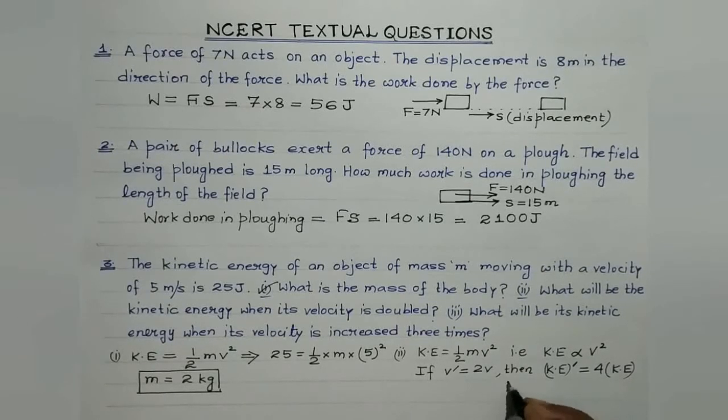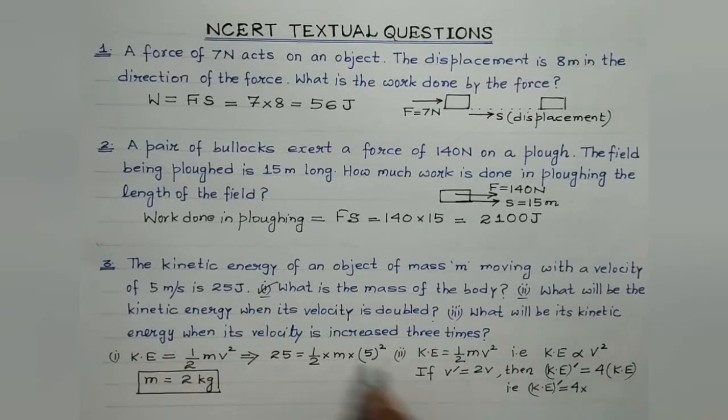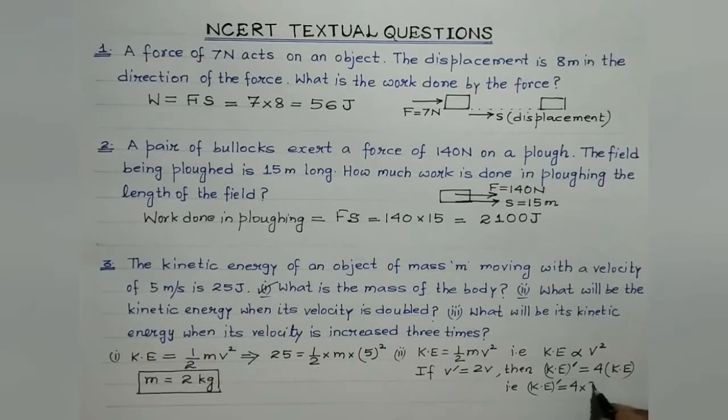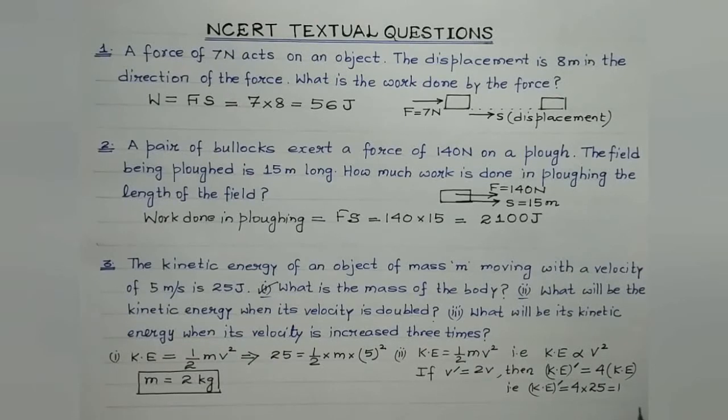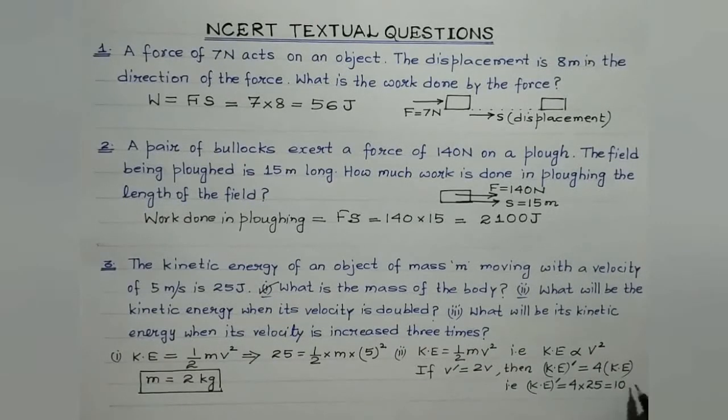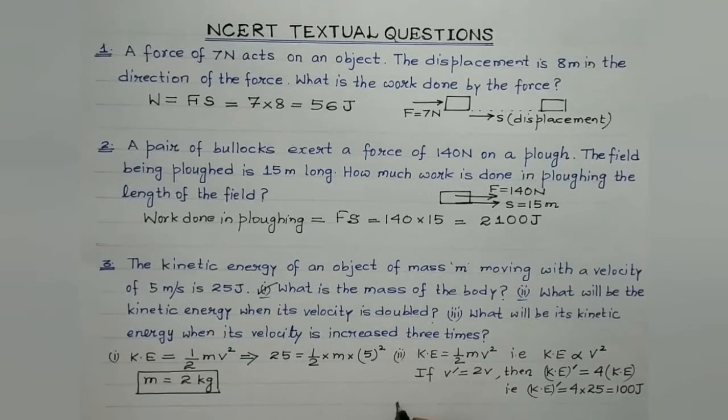That is, the new kinetic energy in this case, when the velocity is doubled, would be 4 multiplied by the original kinetic energy, which is 25 joule. So that would be equal to 100 joule. Right? And in the third case, students, what would be the kinetic energy when its velocity is increased 3 times?